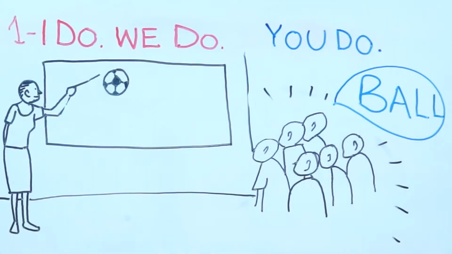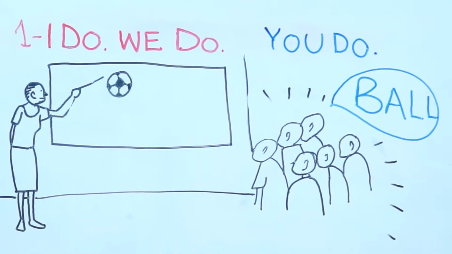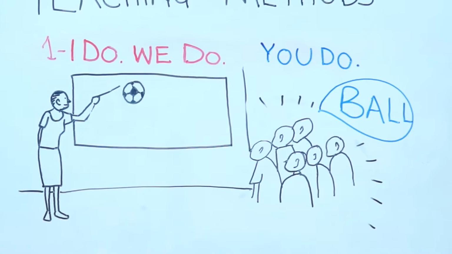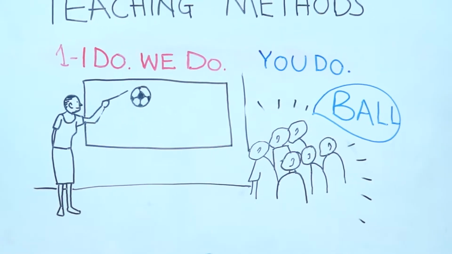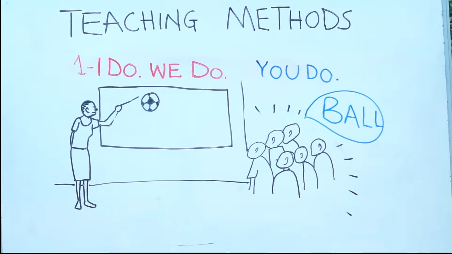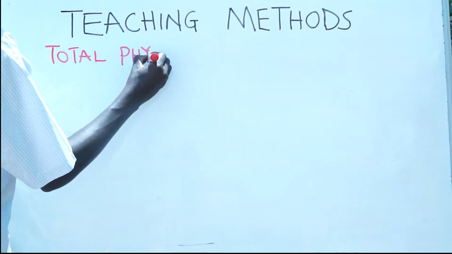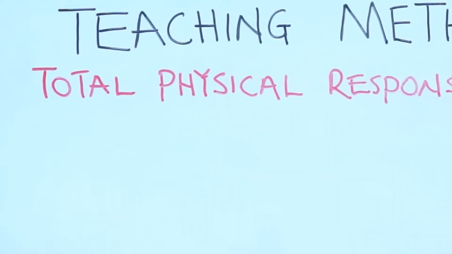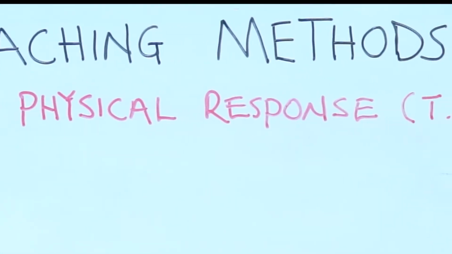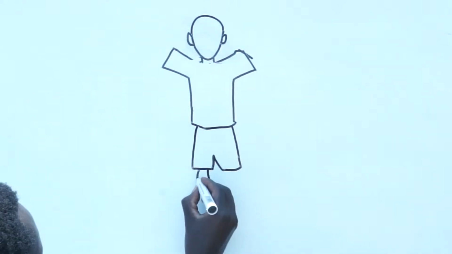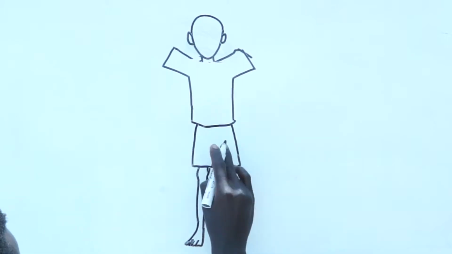By following this method, you not only introduce new content effectively, but also give learners a chance to practice new content together with you. Total physical response. Total physical response, or TPR, is a method developed to help children learn second languages.